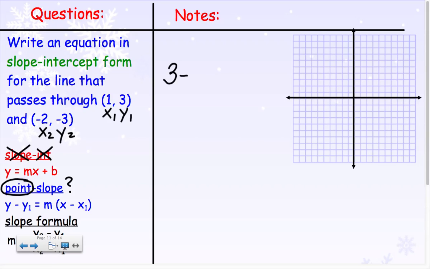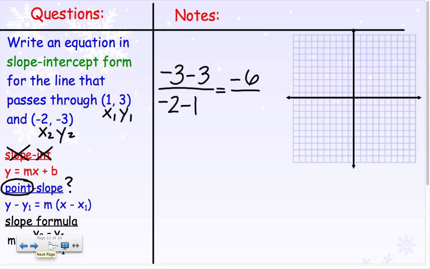Oops, I did y1 minus y2. I have to do y2 minus y1. So negative 3 minus 3 divided by negative 2 minus 1. Negative 3 and negative 3 make negative 6. Negative 2 and negative 1 make negative 3, which makes a positive 2.